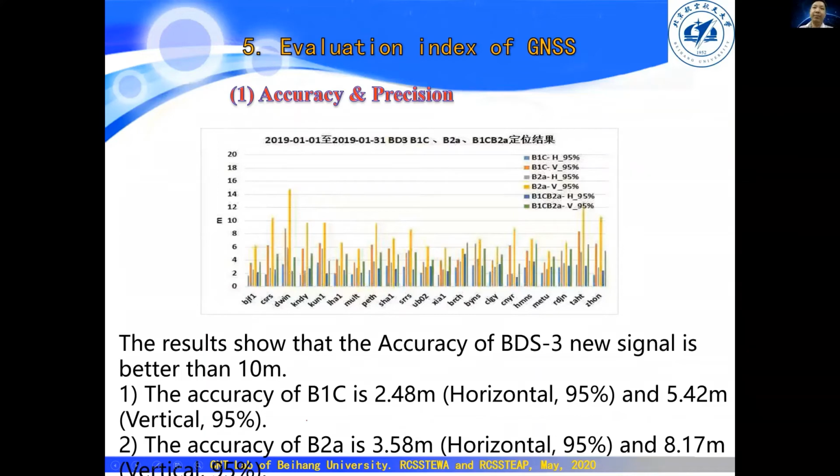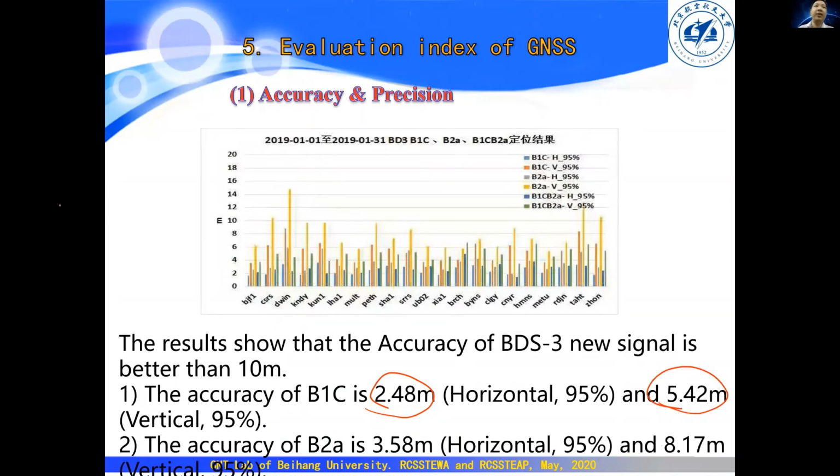And the Day3 results show that the Day3, the new signal, is commonly better than 10 meters. For example, you will see the accuracy of the B1C is about 2 meters horizontally and 5 meters vertically.